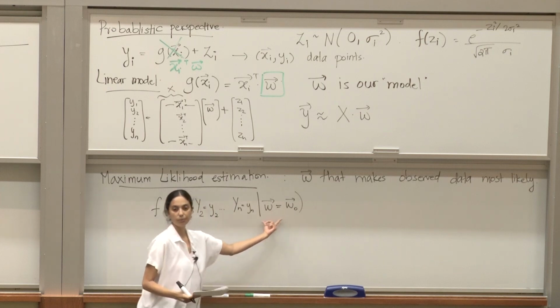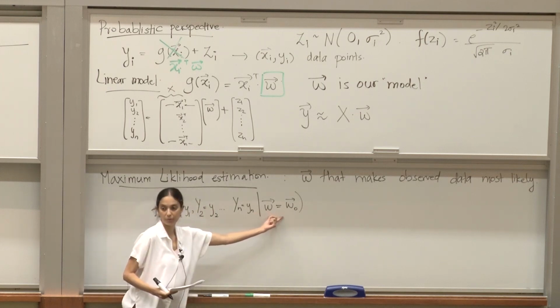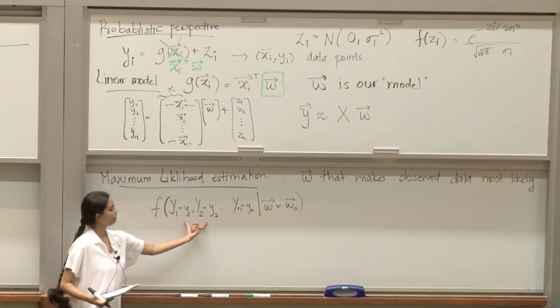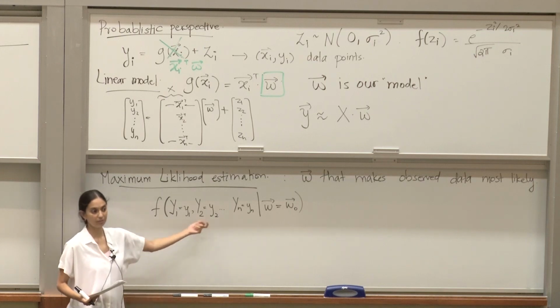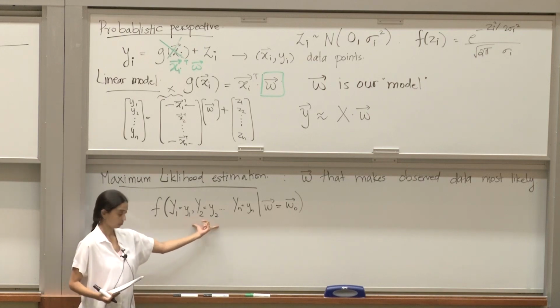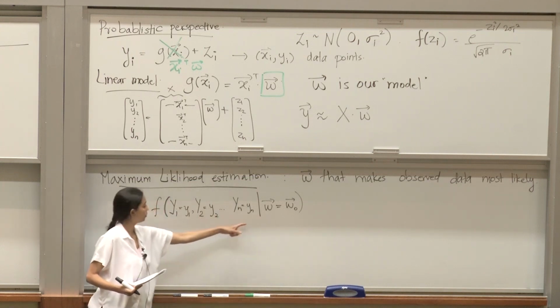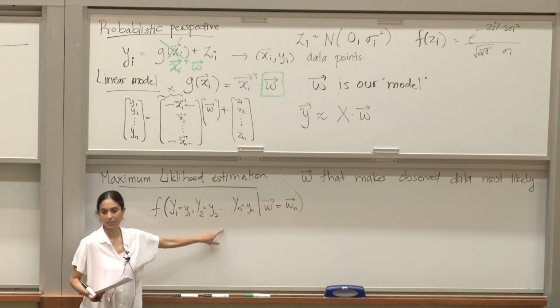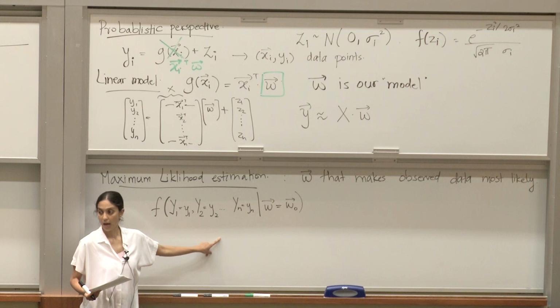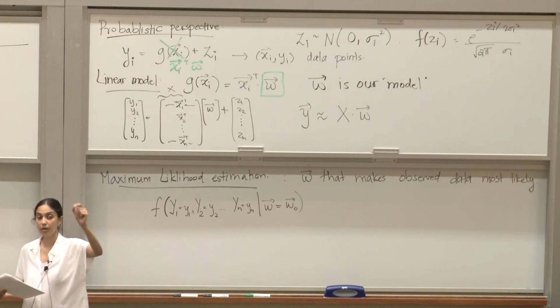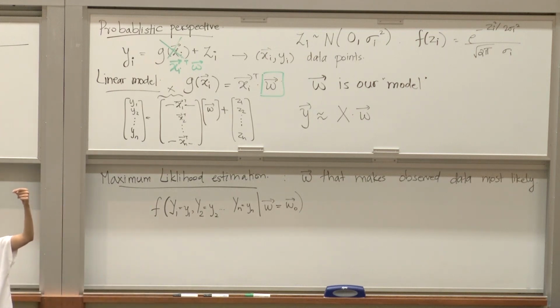What is the w? Basically for every choice of w, I have some set of observations, right? I have these x's, I know what the y's are, and I know what the corresponding x's are. Every choice of w induces some density on these particular observations, right? And I want to find that w that maximizes this density, okay?